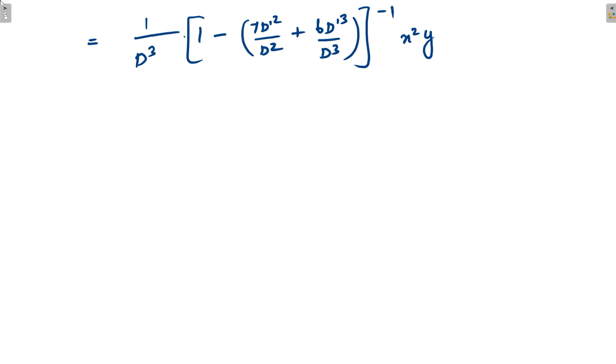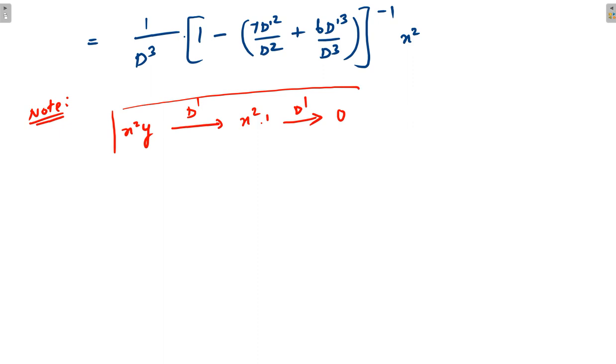So before that, you must know what is D' of x squared y. Write the notes. Suppose you have the term x squared y, so what is the partial derivative of x squared y with respect to y? You may get x squared only. If you differentiate again, what do you get? You may get 0.